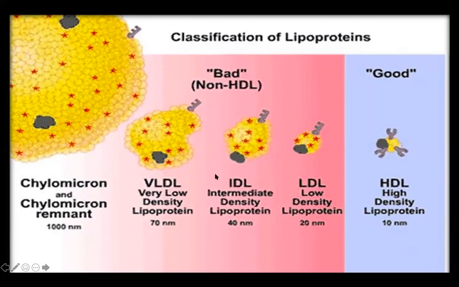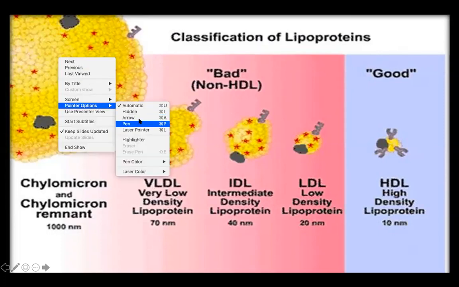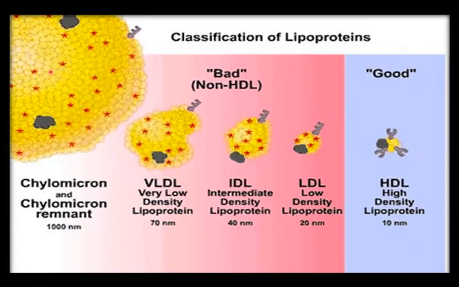Okay, so I want you guys to look at the order of this again. I'm going to make you memorize it, but this really giant, huge one over here is called my chylomicron, and I'm going to be going over how the chylomicron is metabolized. But something I want you to know about a chylomicron is that the majority of my chylomicron carries triglycerides.